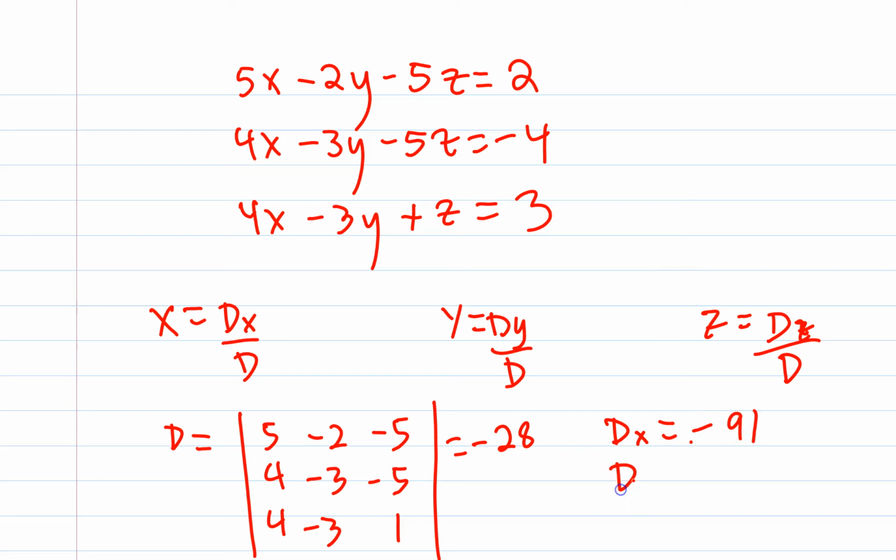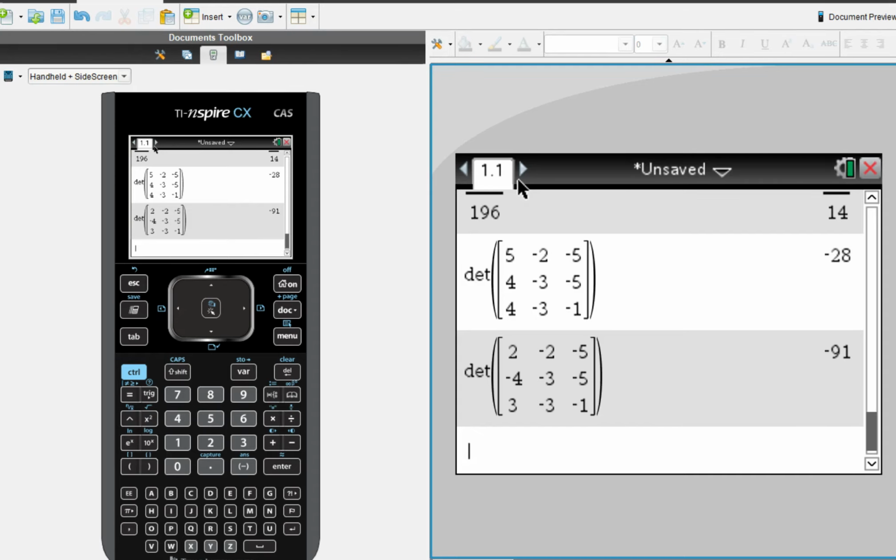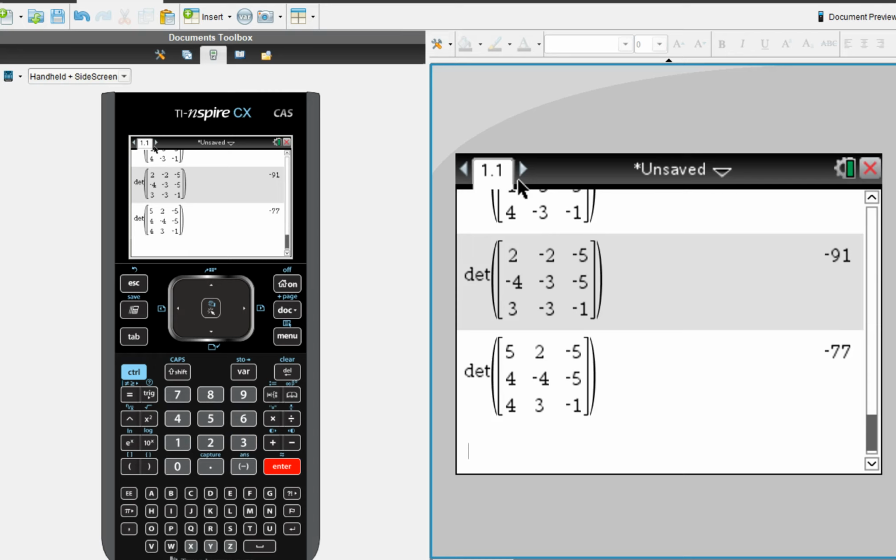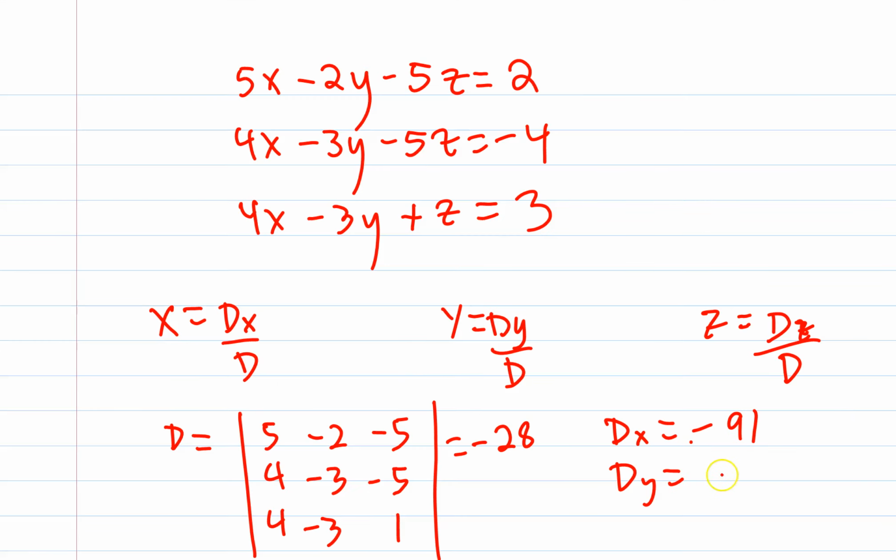Dy, I'm going to replace 2, negative 4, and 3 in place of the y's. That is now dy, negative 77.